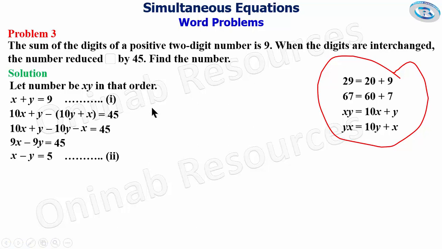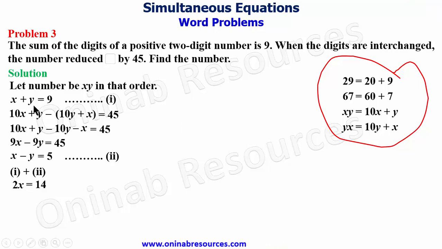I can now solve equations 1 and 2 simultaneously. So what we do here is we are going to add. Equation 1 plus equation 2: x plus x here will give us 2x, plus y plus negative y here will give us 0, then 9 plus 5 gives 14.